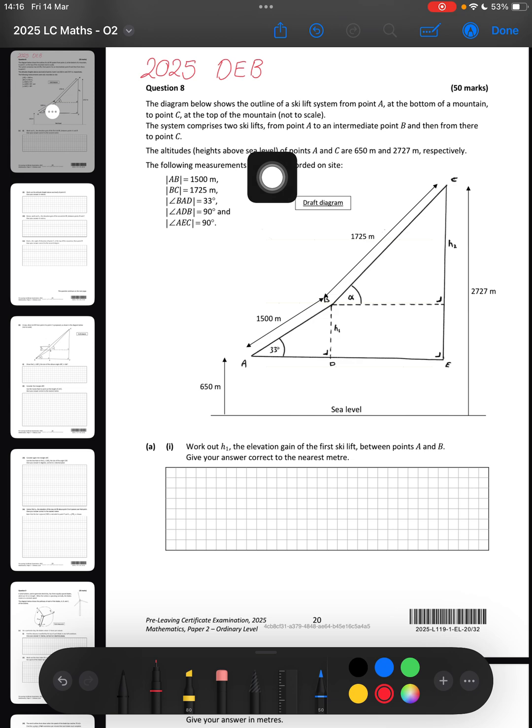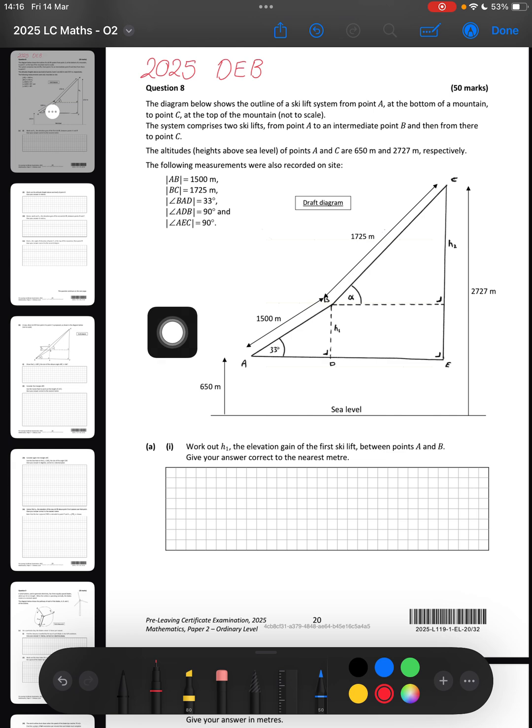The altitude, heights above sea level, of the points A and C are 650 metres and 2,727 metres respectively. The following measurements were also recorded on site. Okay, so I have loads of measurements here. I just want to make sure that I can see it all in my diagram.